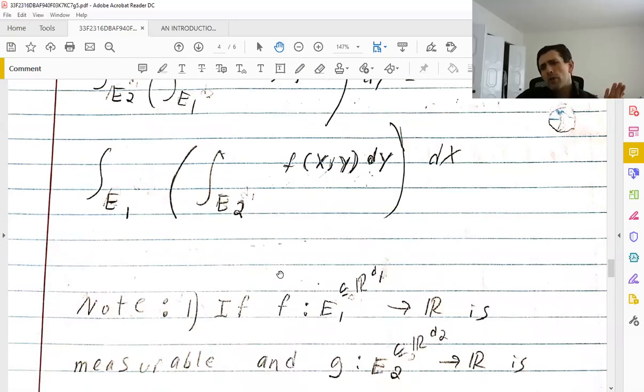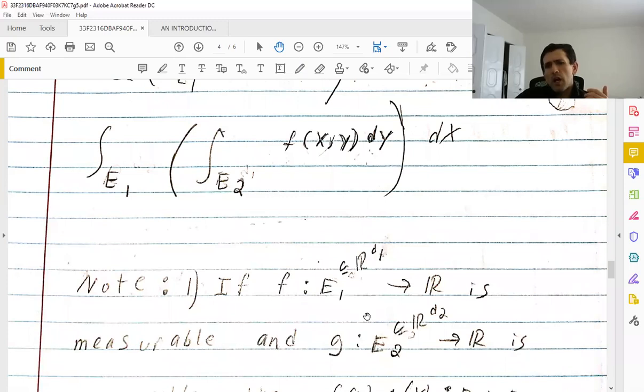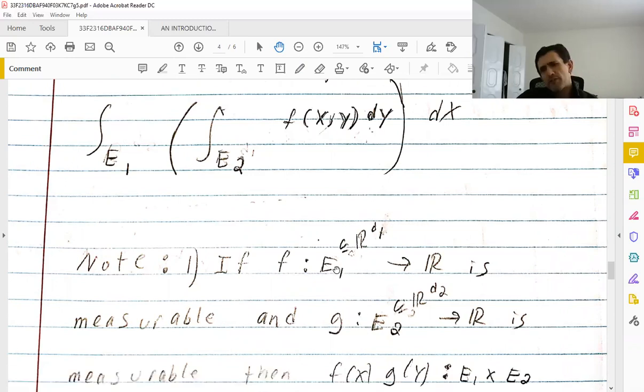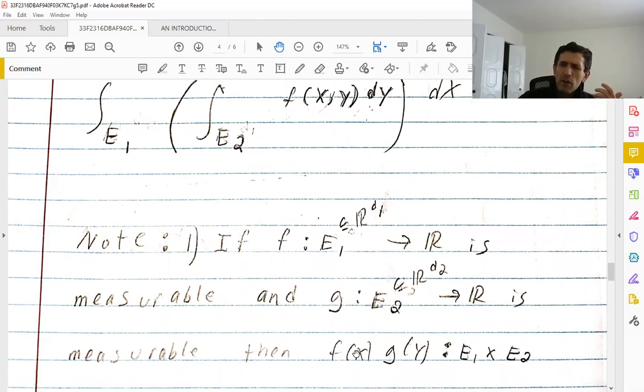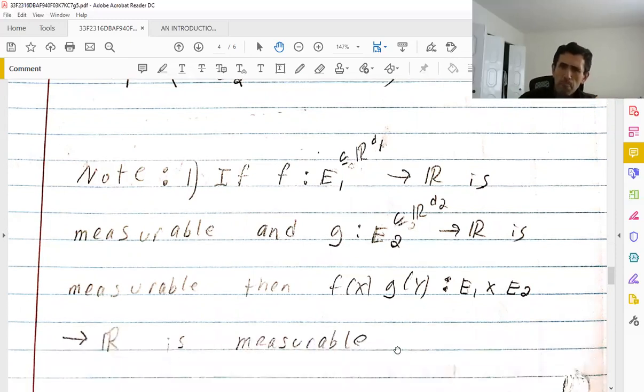Okay, so two important notes. The first one I'm not going to use in the last bit of this video, but it's important to know. If f is measurable and g is measurable, where f is defined on E1 and g is defined on E2, then this function of x and y on E1 times E2 defined by little f of x times little g of y is measurable.